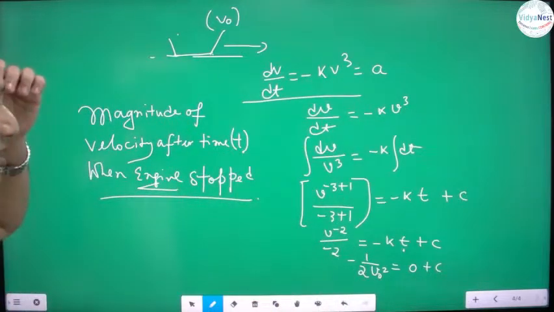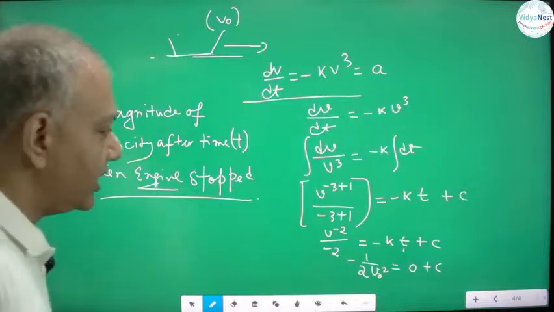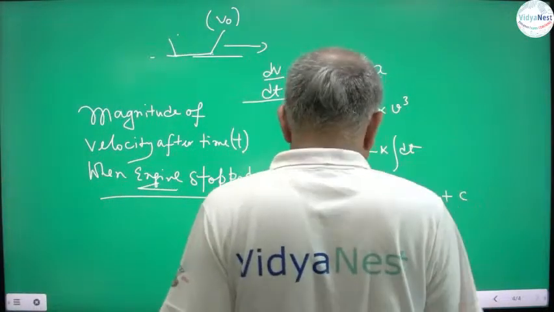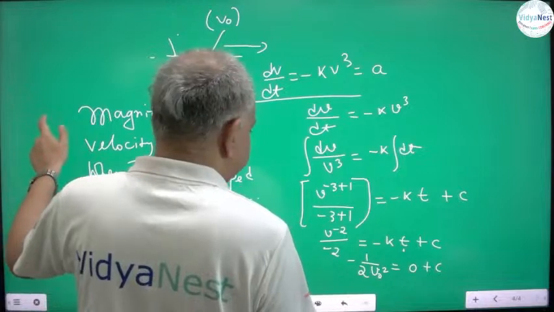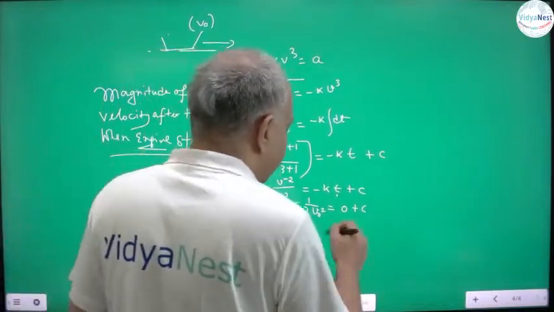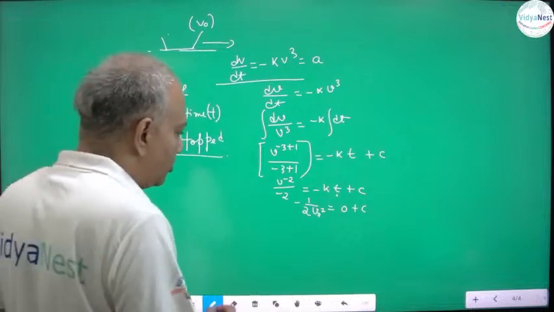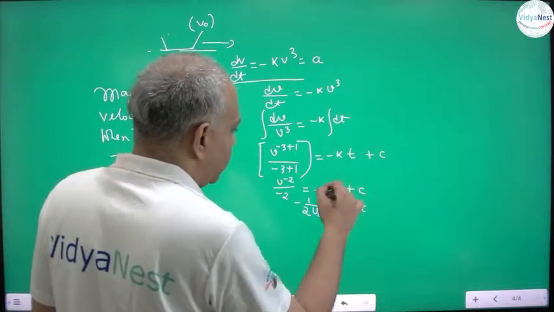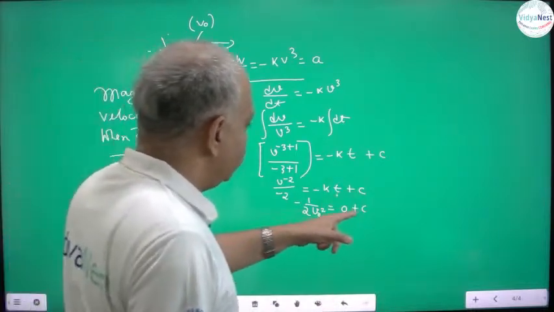Children, I think you are understanding my point. So now we can write it this way. We found the expression of the c.